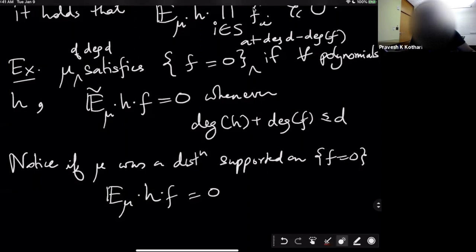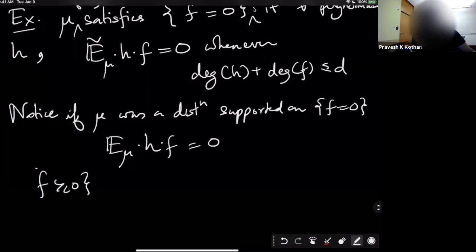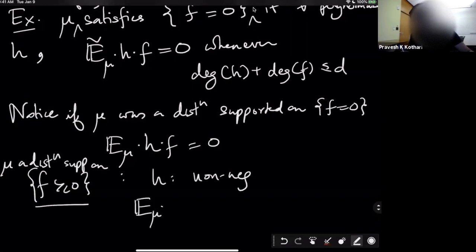Okay. Similarly, if I had a constraint f bigger than or equal to 0, what would it mean if mu, a distribution, was supported on the solution set of this polynomial inequality constraint? It would mean that if I take any h which is a non-negative function, then h times f has non-negative expectation.